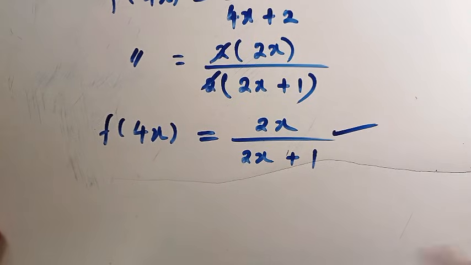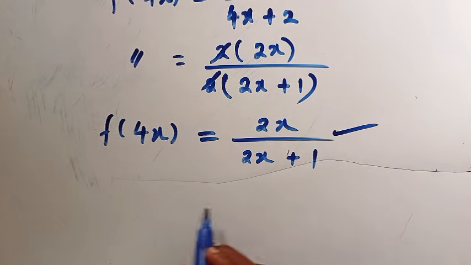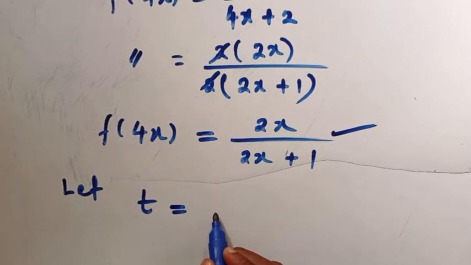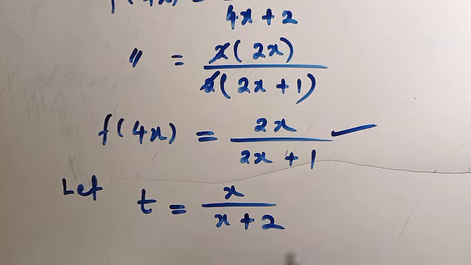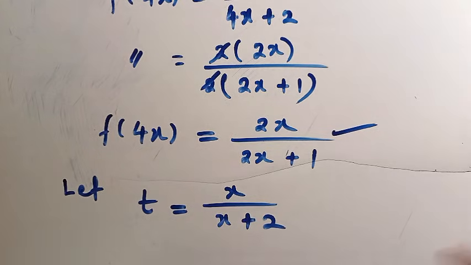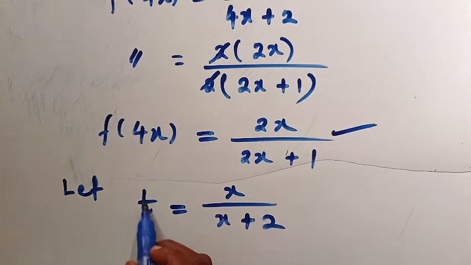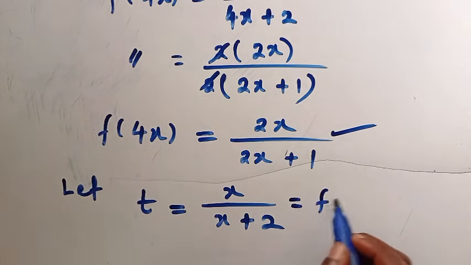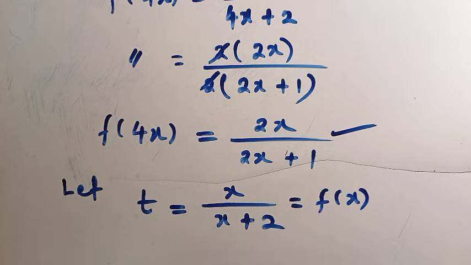Let's come back to the real function f of x. Suppose I let the letter t equal x divided by x plus 2, and I want to make x the subject of the formula from here. So I note that when I let t equal x over x plus 2, this is also equal to f of x.